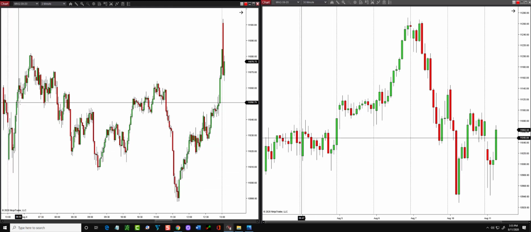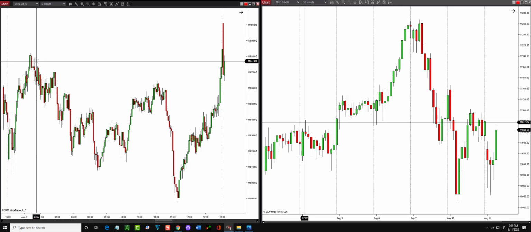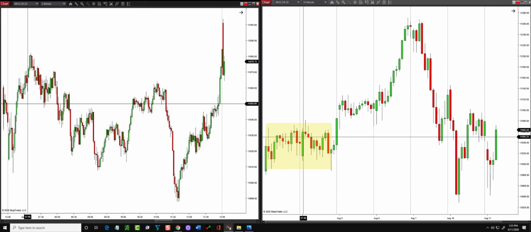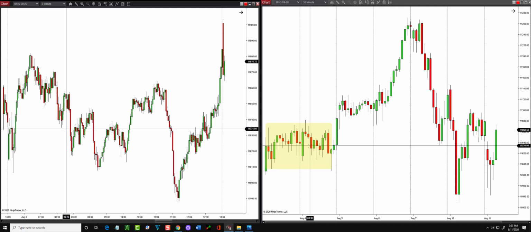So look at what the market looks like visually on a 2-minute chart on your left, the exact same market on a 30-minute chart on your right. Would you say there's any trend on the 30-minute chart on the right? In other words, same question. What is the trend? Let's see if I can keep my crosshairs in the right place. There we go. So over here on the right-hand side, the 30-minute chart, is there a trend here? Okay, I would argue no.